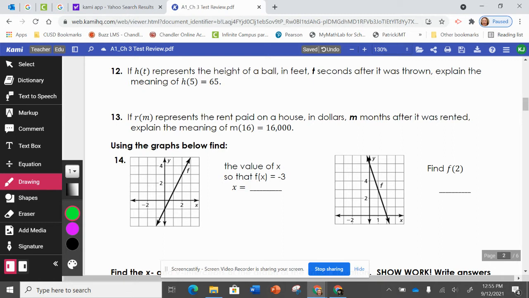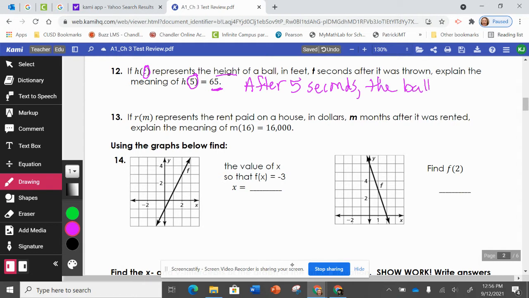Problems 12 and 13 are asking us to describe what the answer they give us means. So in number 12, we're talking about the height of a ball in feet, a certain amount of time in seconds after it was thrown. Since the time in seconds is what's in the parentheses, it means that after 5 seconds, the 65 is the height.